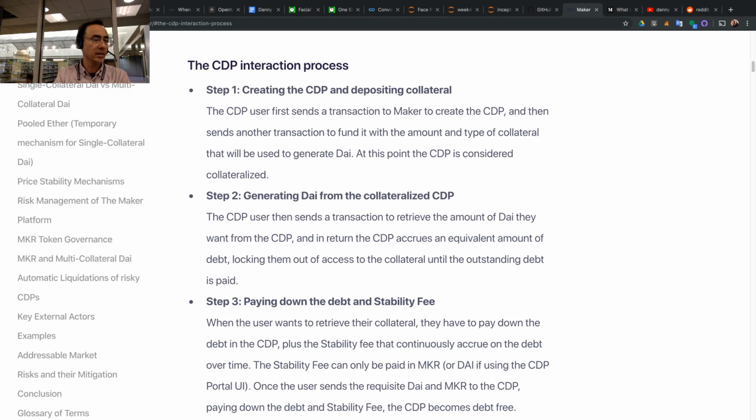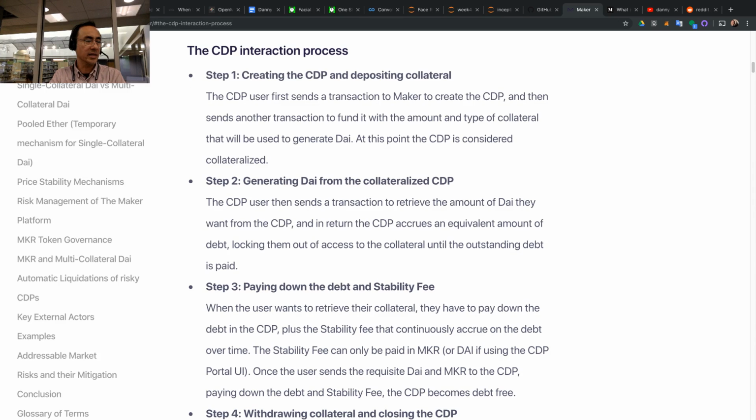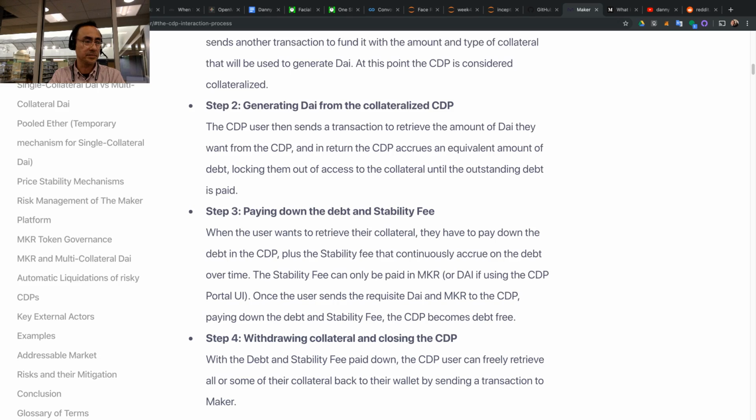So step two, generating DAI from the collateralized CDP. The CDP user then sends a transaction to retrieve the amount of DAI they want from the CDP, and in return, the CDP accrues an equivalent amount of debt, locking them out of access to the collateral until the outstanding debt is paid.